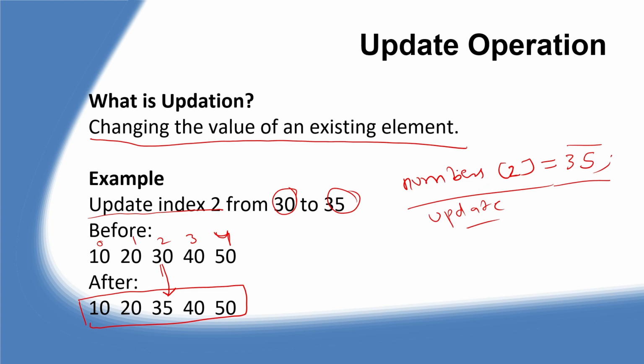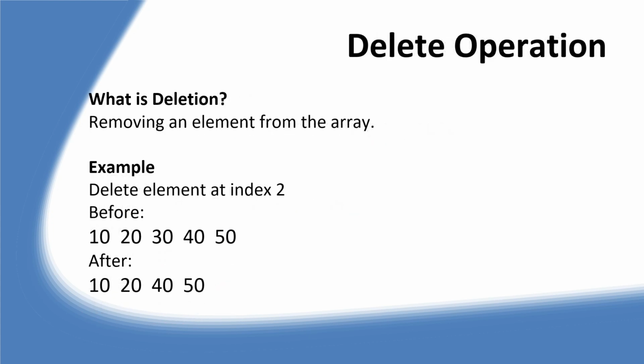Okay, let's move to the delete operation. So what is deletion? Deletion means removing an element from an array. Let's say we have this array with index 0, 1, 2, 3 and 4, and our requirement is to delete the element at index 2.